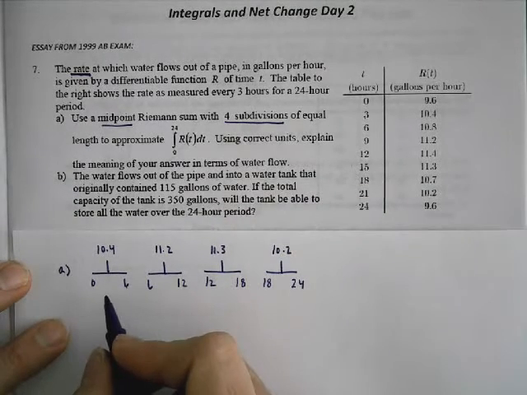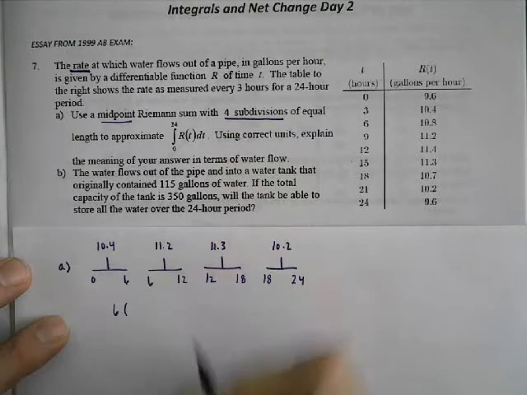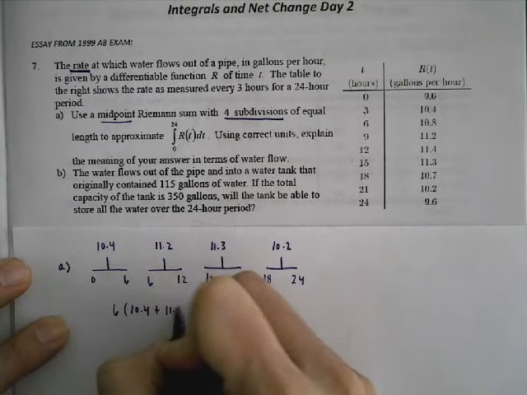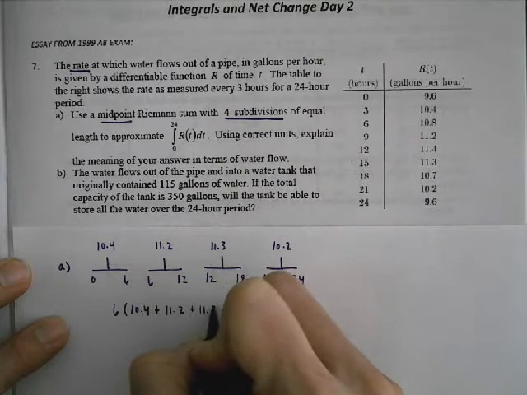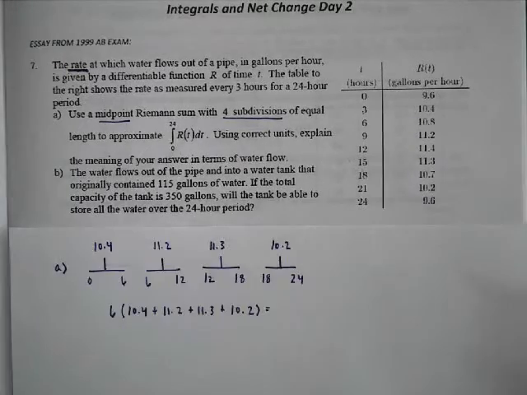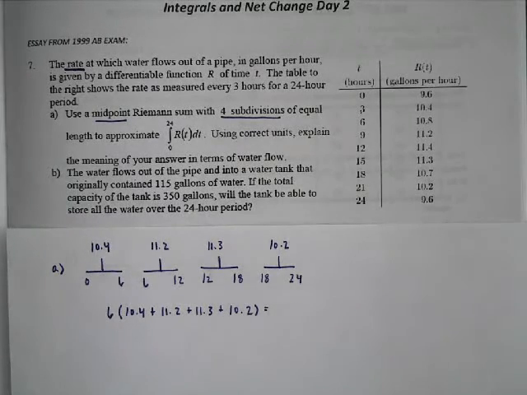So now I have equal subintervals. So I can just do a base of 6 for each of my rectangles, and I'm going to add the heights. And then I'm going to grab my calculator to get the value of this integral.